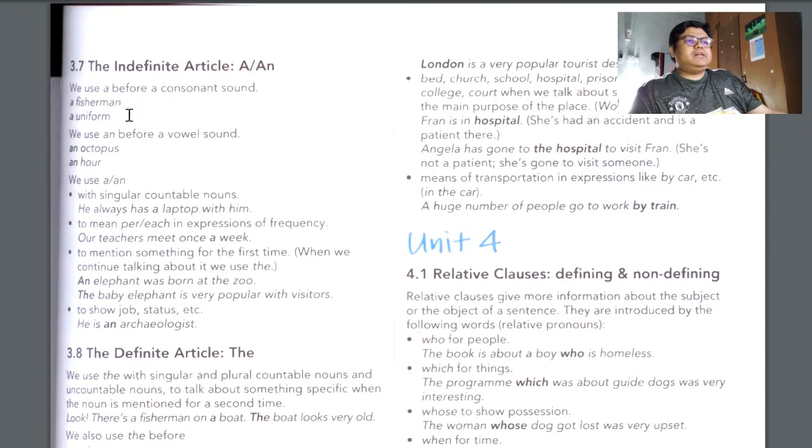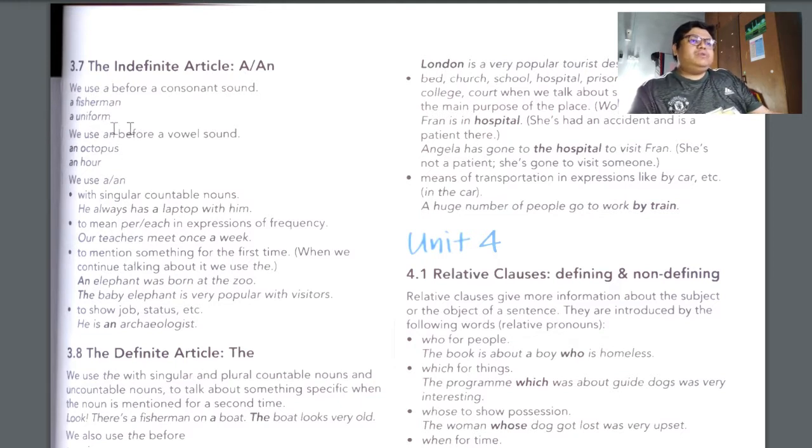The word fisherman starts with the letter F. Tapi dia bukan sekadar huruf sahaja, dia mestilah sound. How do you say the word fisherman? It starts with the F sound. For uniform, as you can see here, it's a vowel, but the sound of the first letter is actually Y sound. Uniform, U sound. A uniform.